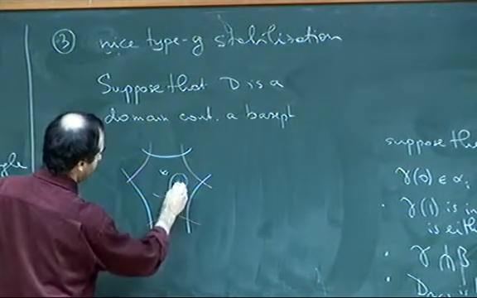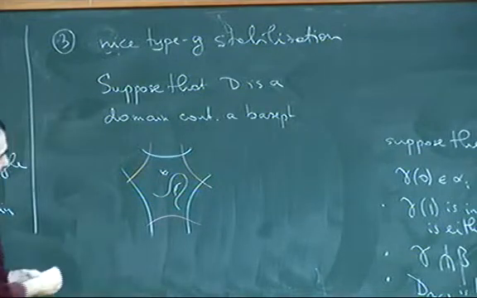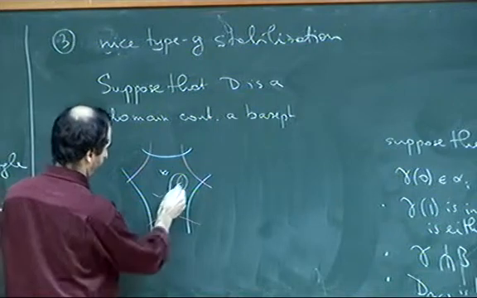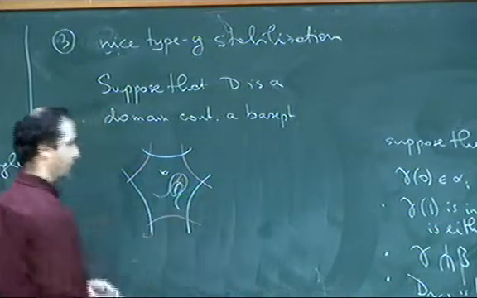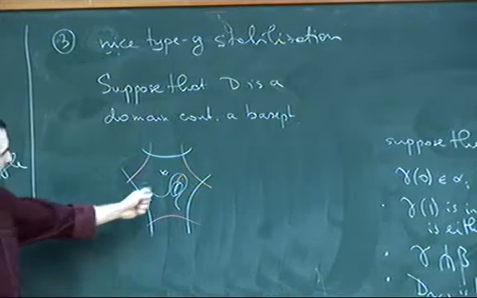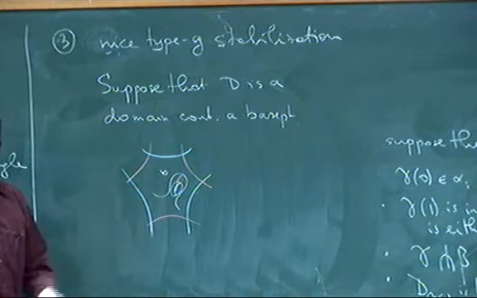connect sum with a torus and add an alpha and a beta curve. So the domain will not be simply connected anymore. Of course, I didn't require this to be simply connected to start with. But notice that nothing really changed.